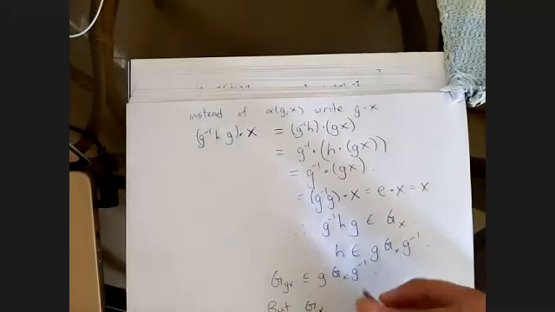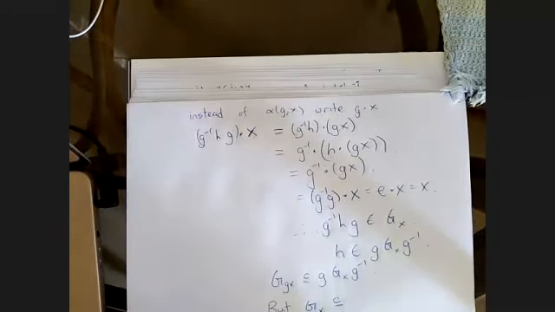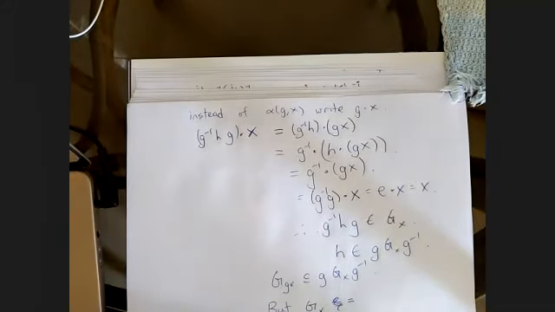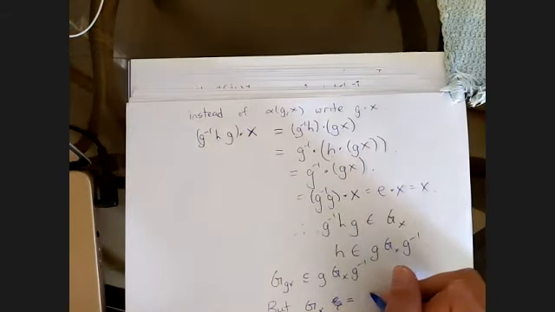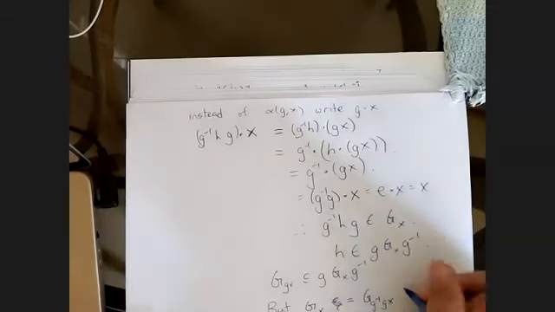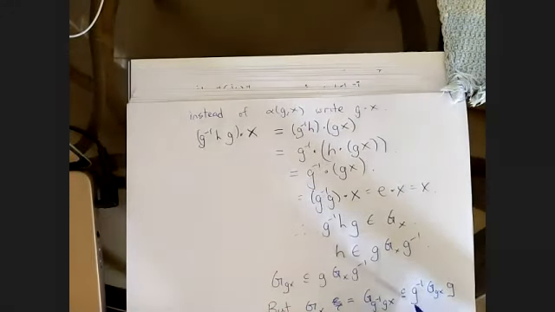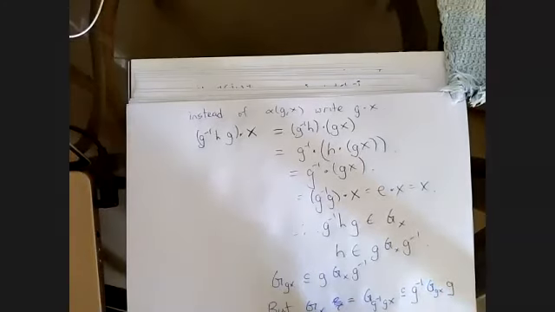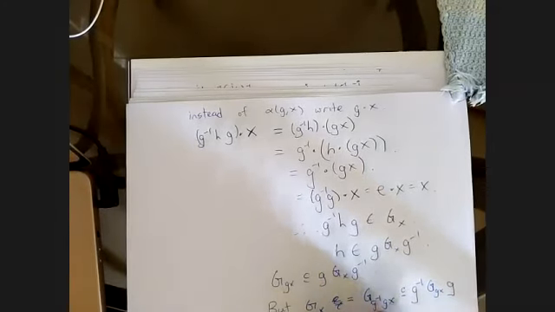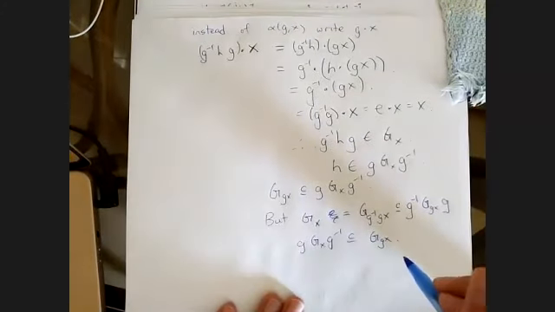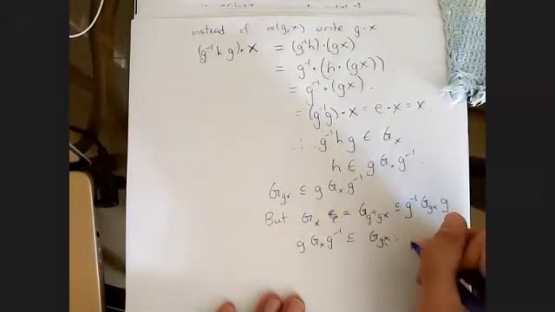G_X is really another way to write G_{g inverse gX}, which is contained in g inverse G_{gX} g. If you multiply on the left by g and on the right by g inverse, you get g G_X g inverse is a subset of G_{gX}. And that proves that these two are equal at the end.